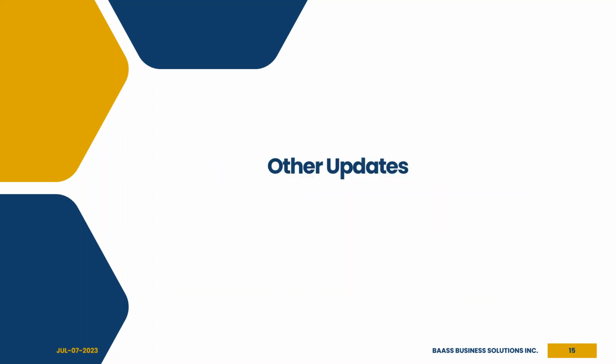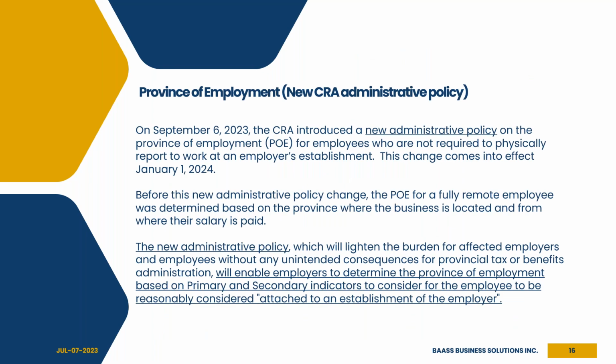So here are some other updates, and I'll go through these pretty quickly. Determining the province of employment. There is a new administrative policy in place that determines the province of employment, so I urge you to look online to get additional information on it. The new administrative policy will enable employers to determine the province of employment based on the primary and secondary indicators to consider for the employee to be reasonably considered attached to an establishment.